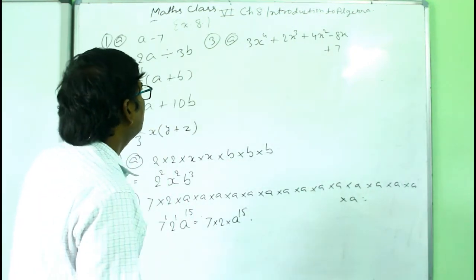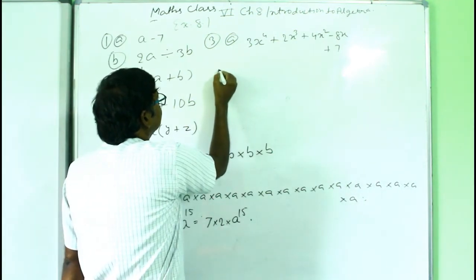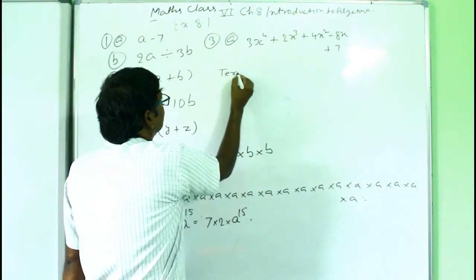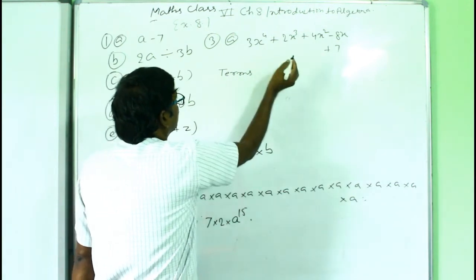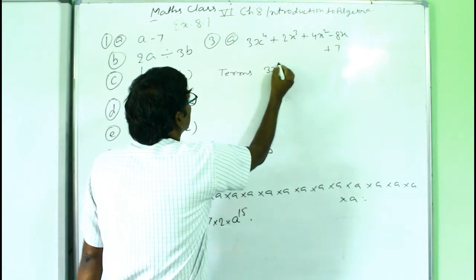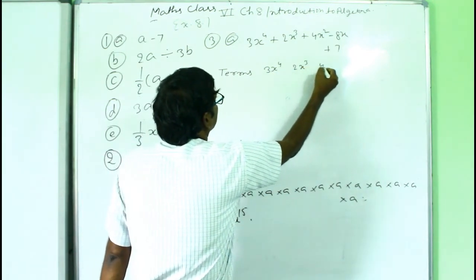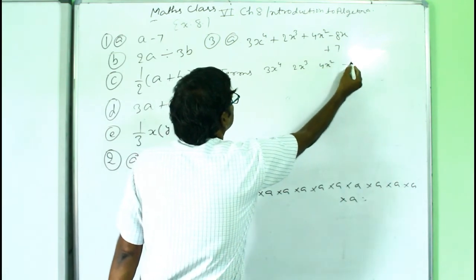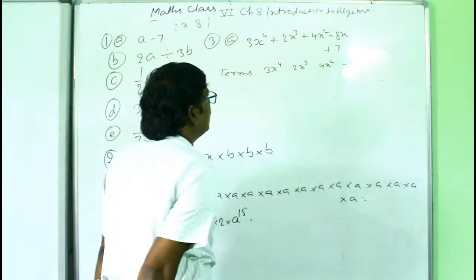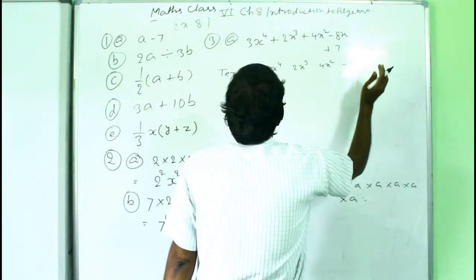So now here you will write the terms, okay then coefficient terms. So what are the terms here? The terms are 3x to the power 4, 2x cube, 4x square minus 8x, and here also one more is here 7.